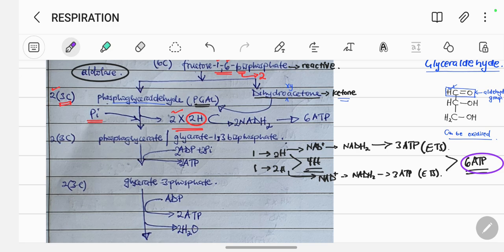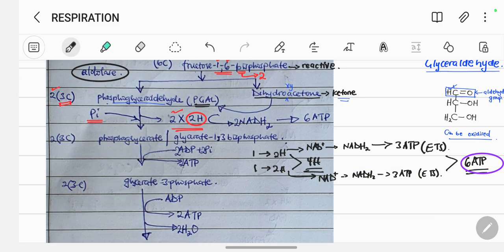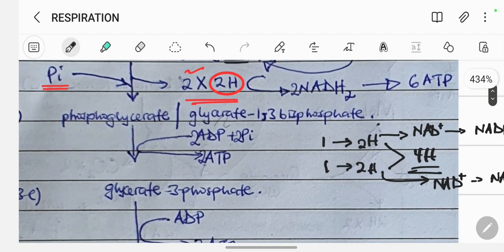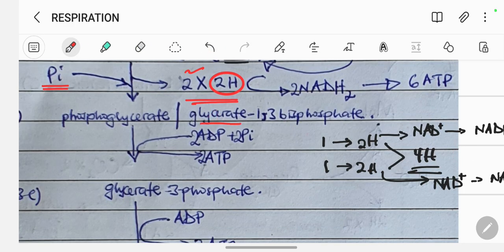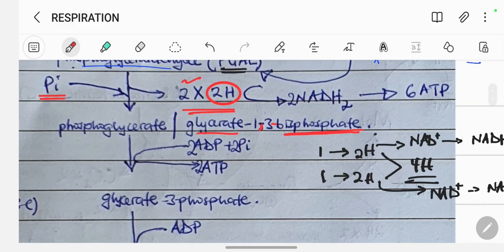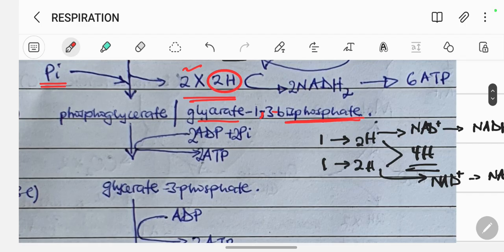Now, as this process takes place, we are going to end up forming glycerate 1,3-bisphosphate. This glycerate 1,3-bisphosphate is going to be turned to glycerate 3-phosphate.